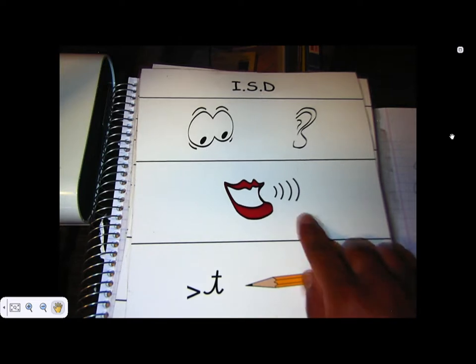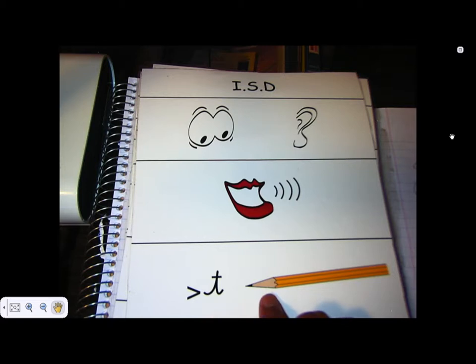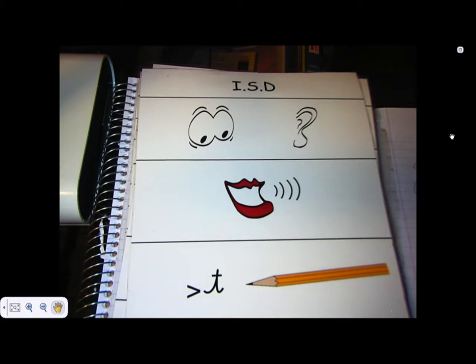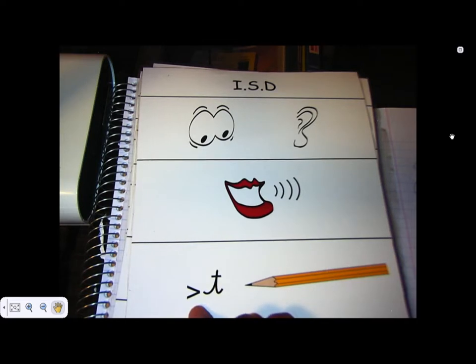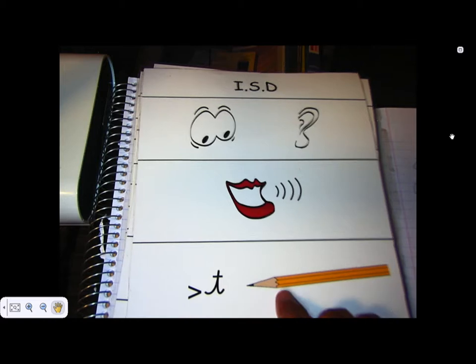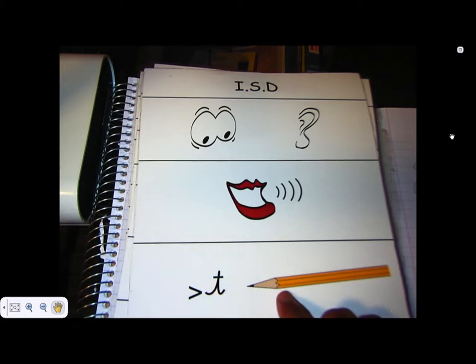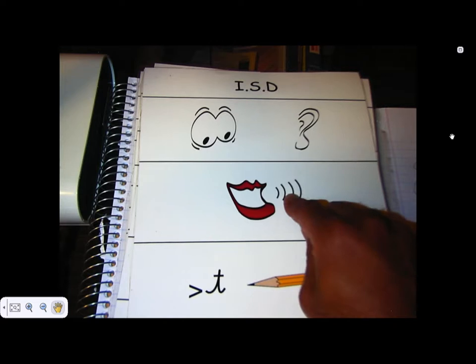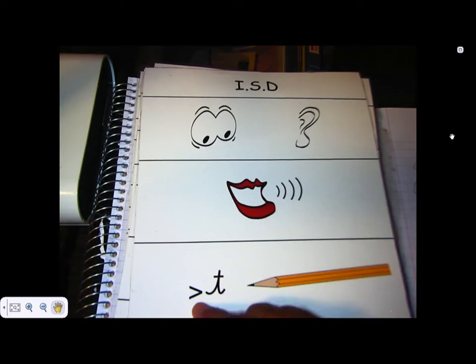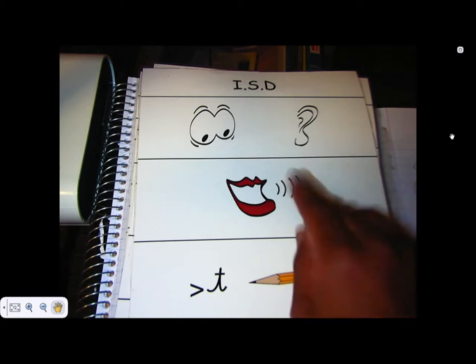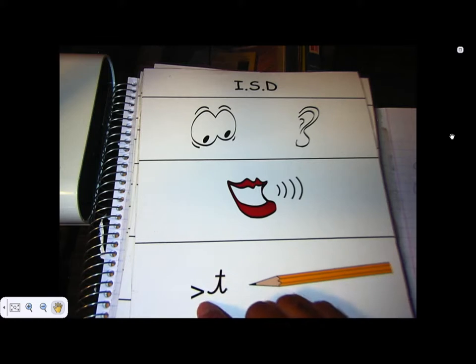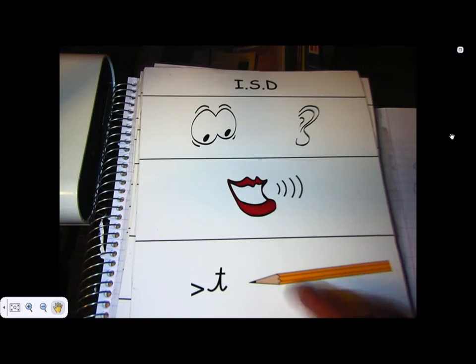Echo, name, write. G, echo the sound. Name, tell me what you're going to write, and then write it. Echo, name, write. And remember, you should have 4 things written for that one. Echo, name, write. There should be 3 for that one.